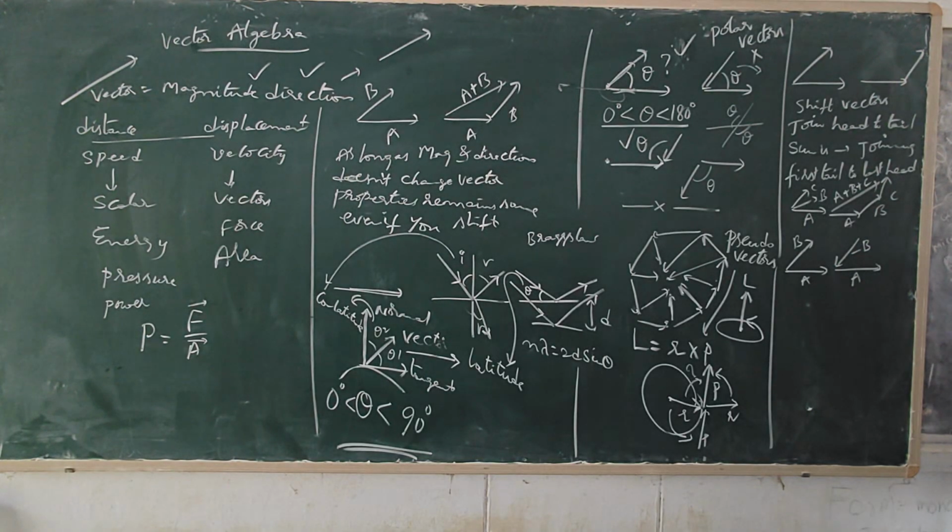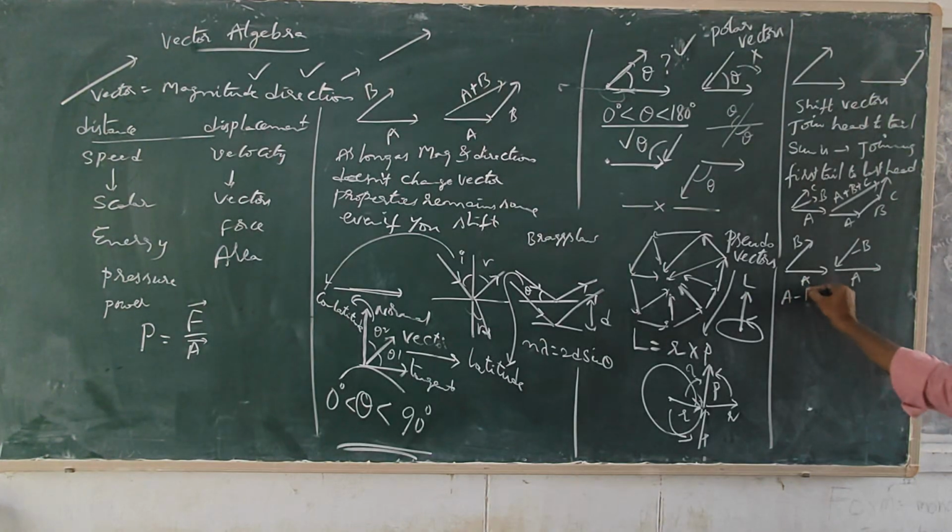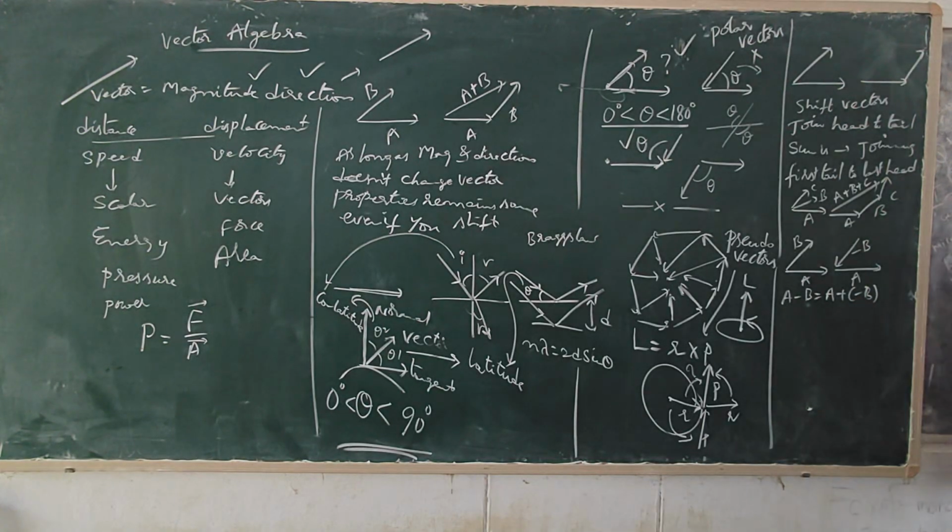Then you add. A minus b can be written as a plus of minus b. So I am generating minus b by flipping the vector b, and then I have to add these two. So this is a plus minus b. Right? This is a minus b.